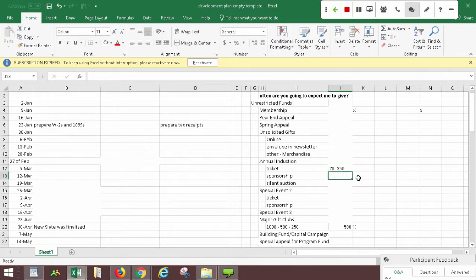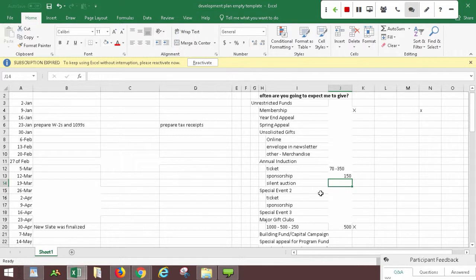A big revenue provider here was an annual program where we printed and sold congratulatory ads for the new inductees. So it's kind of an expectation you might want to do that too.